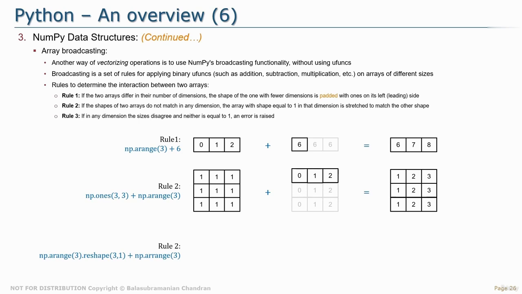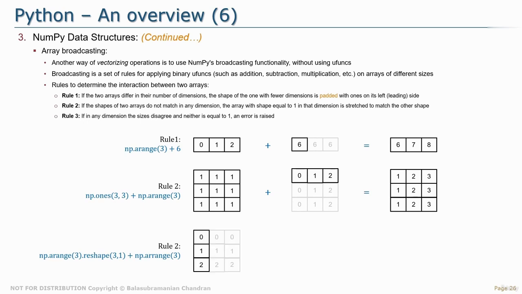Adding two one-dimensional arrays with 2 different dimensions to demonstrate rule number 2, that is, broadcasting both arrays. First, let's create a one-dimensional array with the dimensions 3 by 1 and add another one-dimensional array with the dimensions 1 by 3. The Python code to do it is as shown.